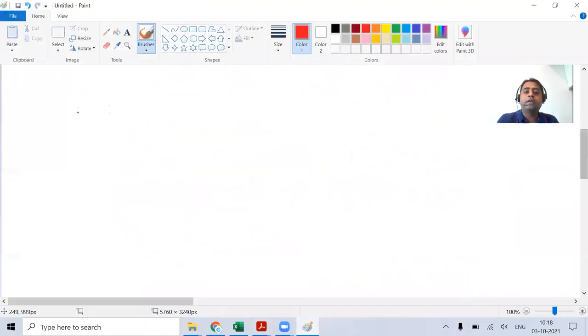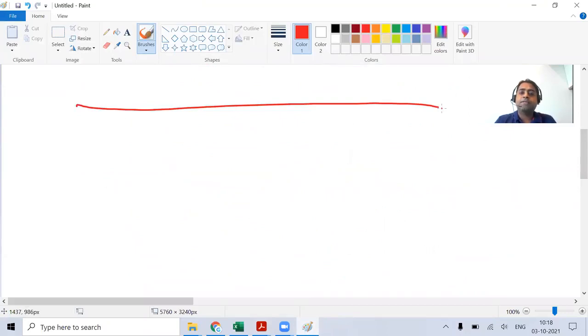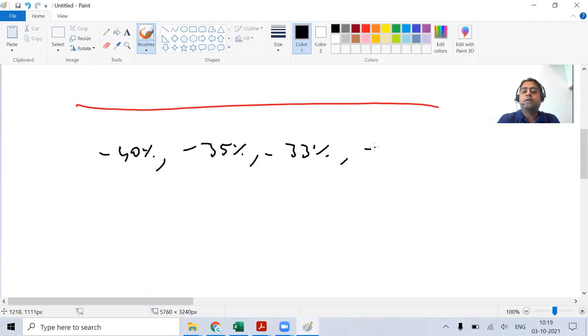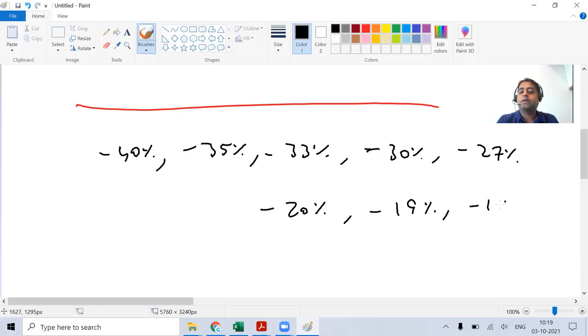Suppose I have the 7 lowest data points, sorted: negative 40%, negative 35%, negative 33%, negative 30%, negative 27%, negative 20%, negative 19%, negative 18%.